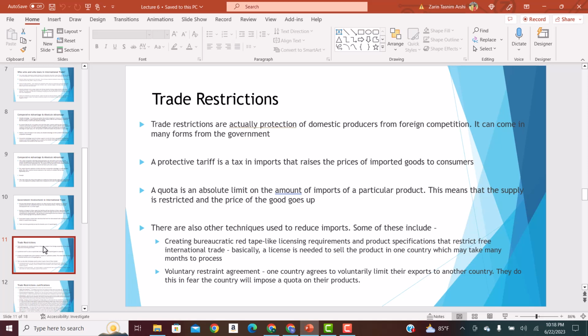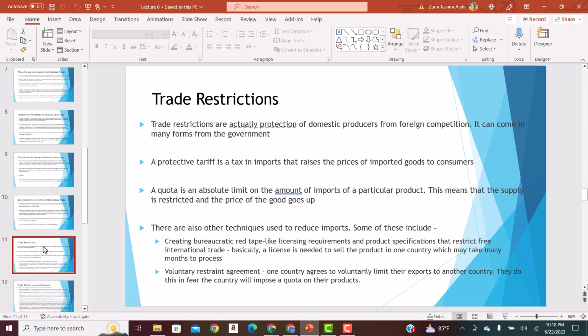That means in a year, the US can only import 100 boxes of coffee from England. Even if there is more demand, they cannot import more than 100 boxes of coffee from England. Okay, so supply is restricted, and the supply does not go up as much, so price will go up.